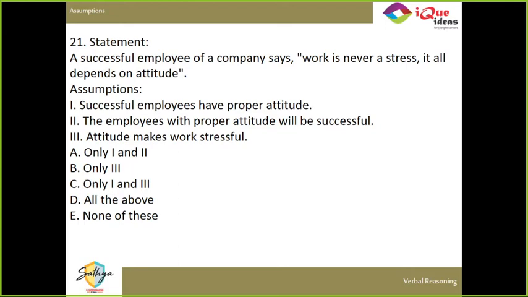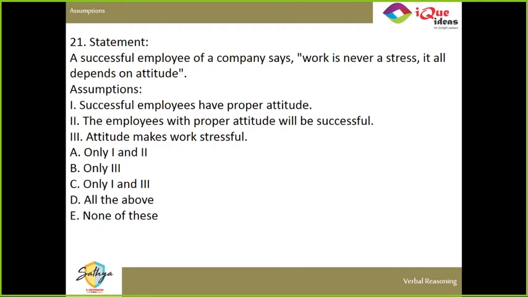So let's take the first assumption. Assumption 1 says successful employees have proper attitude. Now, if successful employees have proper attitude, does that lead me to the statement about work and stress?